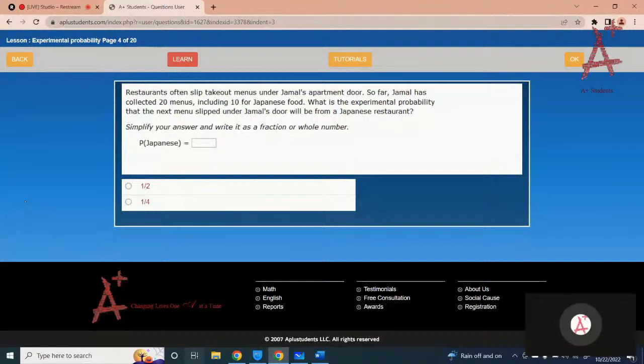Got it? 10 over 20. And when you convert it into the lowest form, it would be 1 over 2. Got it? So that is 1 by 2. Just select the correct option and then click on the OK button.